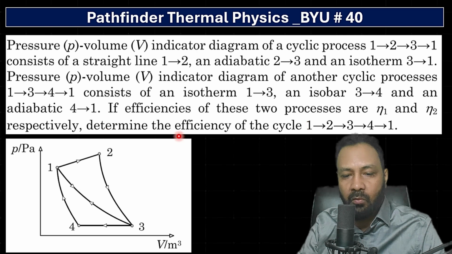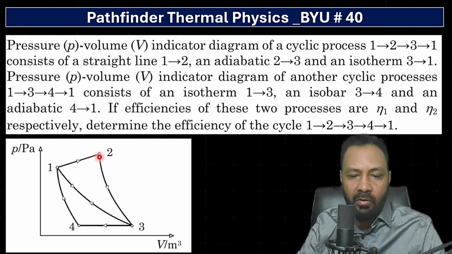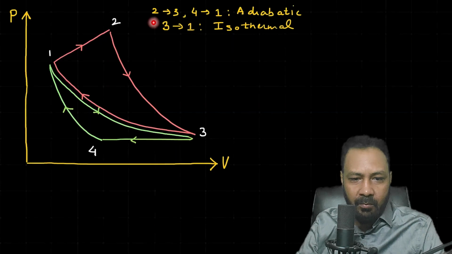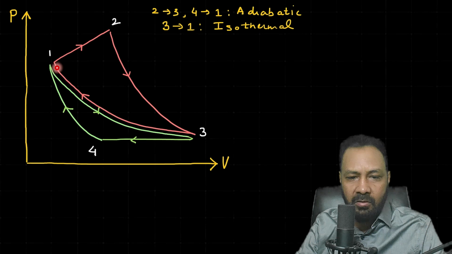So we have to find the overall efficiency of the cycle 1 2 3 4 1. So this is the diagram. The same thing here. This is the straight line path, 2 3 is an adiabat, 4 1 is an adiabat, and the common line is the isotherm.